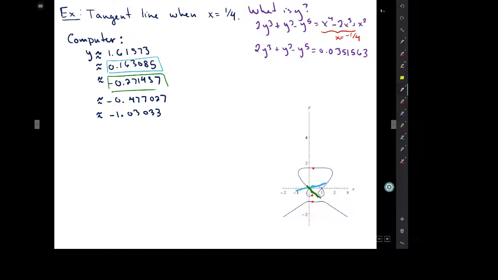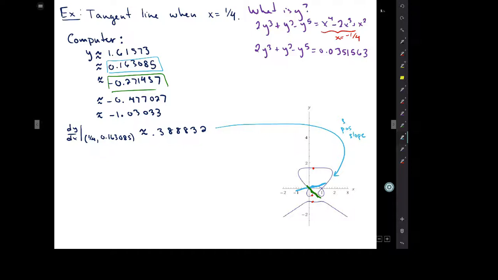So if we actually calculate dy dx at the point 1/4, 0.163085, and again, you plug the x-coordinate in for x, you plug the y-coordinate in for y, what you end up getting is that the derivative here is about 0.38832. So it's not steep, but it's positive, and we can see in that blue line, yeah, it has a positive slope.